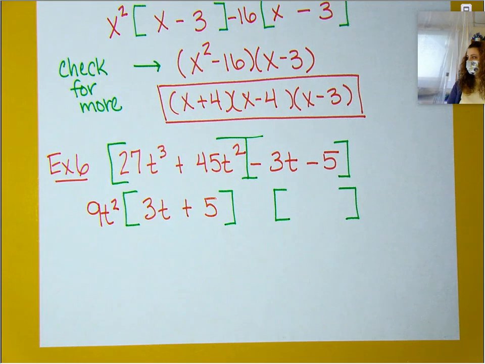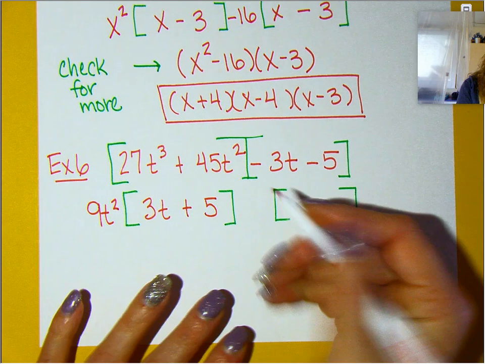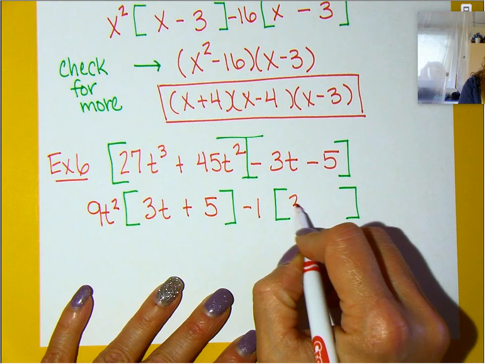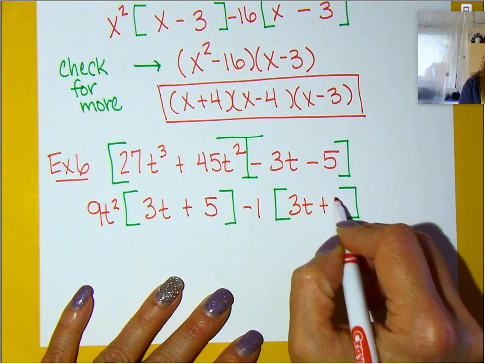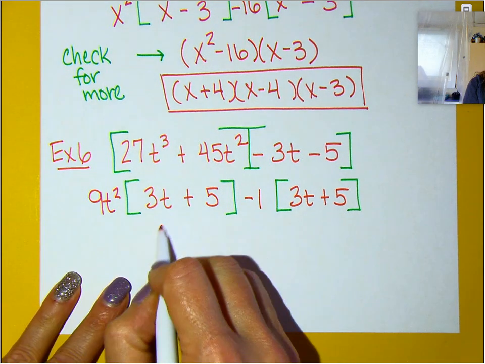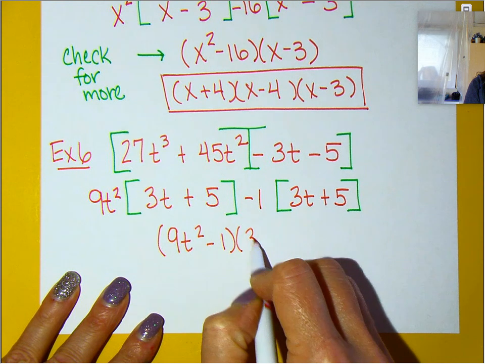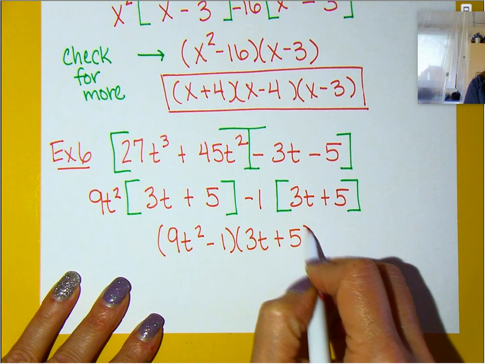Plus 5. And that's almost what I want in this parenthesis or this bracket right here. So we're going to pull out a -1 there to give us the 3t plus 5. Make sense? Okay. So now we have 9t squared minus 1 and 3t plus 5.